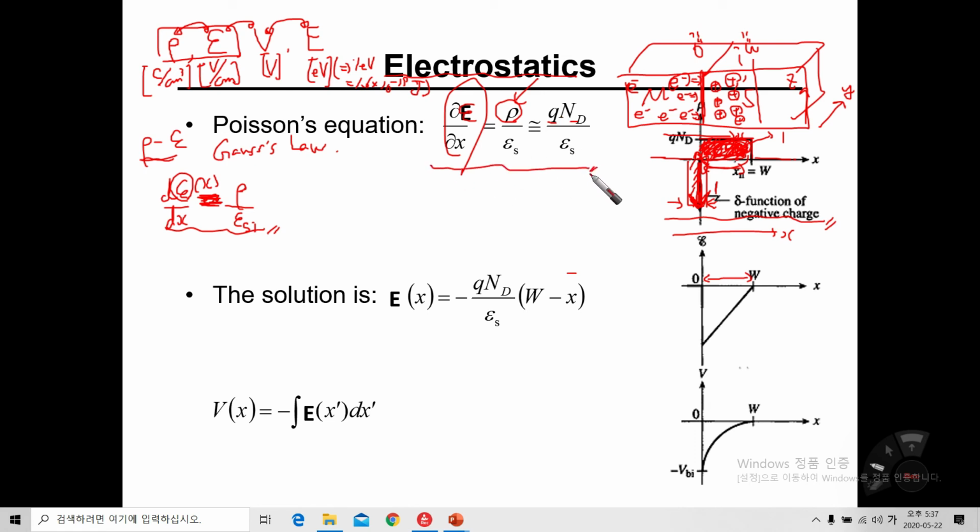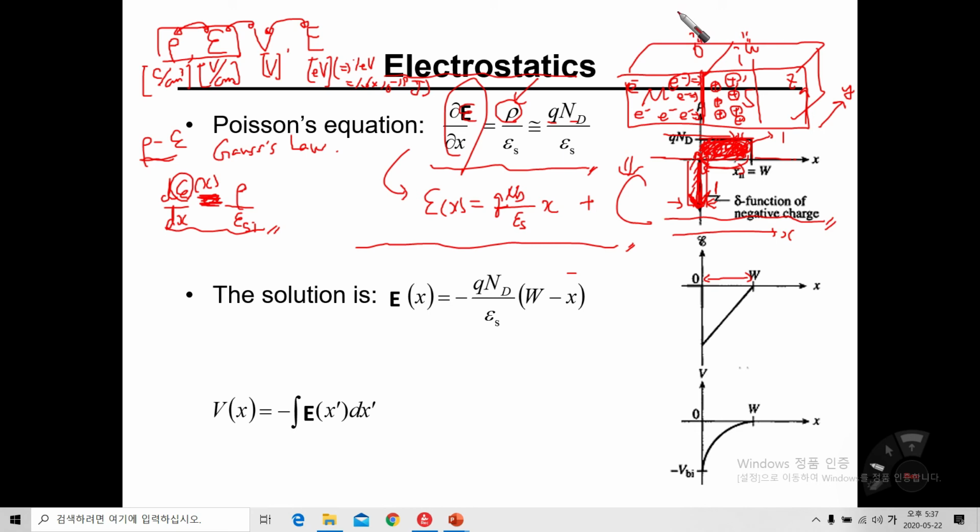You can solve this first order equation, very simple. The solution is Q times nd over epsilon s times x plus a certain value C. Then we should figure out what C is. What else do we need to know the value of C?